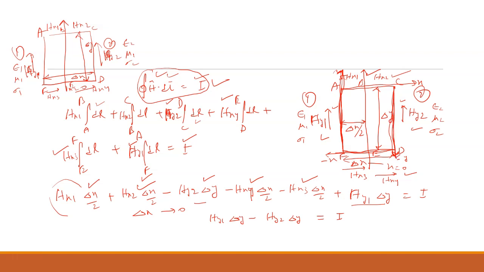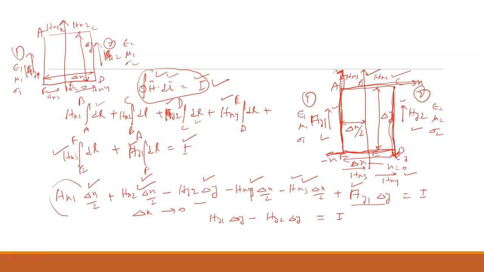So the minus sign is due to the path dl. Similarly, from A to B it is the positive x-axis, and from D to F it will be the minus x-axis. So here it is minus Hx4 delta x by 2, minus Hx3 delta x by 2, then plus Hy1 delta y equals I.